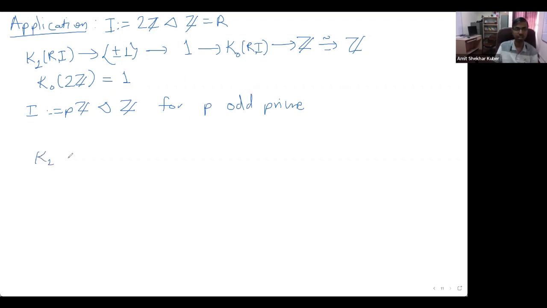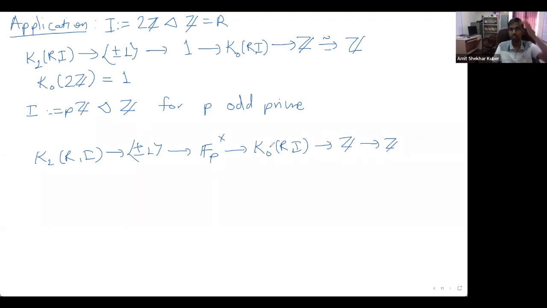I'm still not going to care about this particular thing, and here also we'll get plus or minus 1, but over here we'll get the multiplicative group of units, which is F_P cross. Then K0 of R comma I, and then Z and Z. So using that, you can compute what this is.